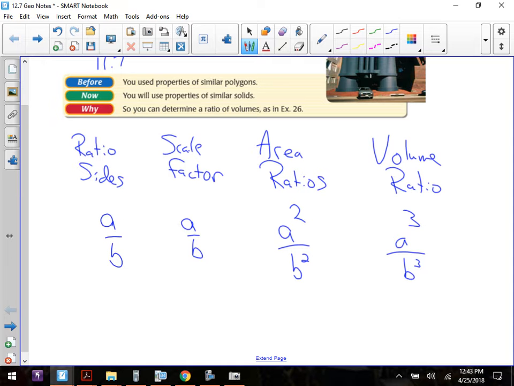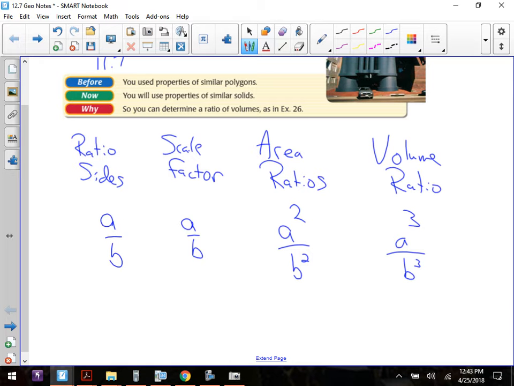If you have a scale factor and you have to go to volume, you cube it. If you have areas and you have to go to scale factor, you square root. And if you have volume going to scale factor, you cube root. That's really the gist of what we're looking at today. Going forward and coming back.